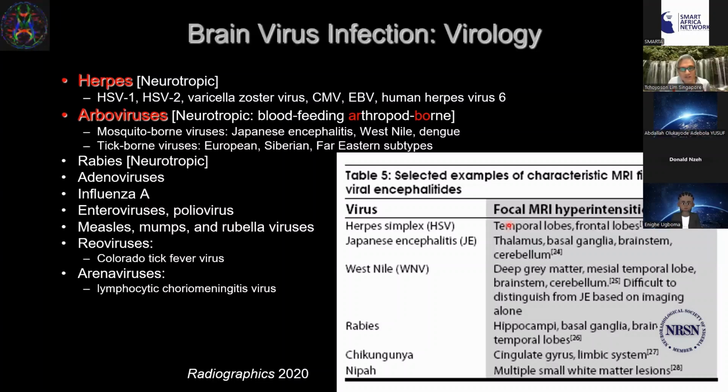So amongst the viruses, the classic pattern is a herpes virus, HSV1 and 2. Other viruses that belong to the herpes group include varicella zoster, chickenpox and zoster, CMV, EBV, and human herpes virus 6. These are very difficult to diagnose, but we're getting better with PCR.